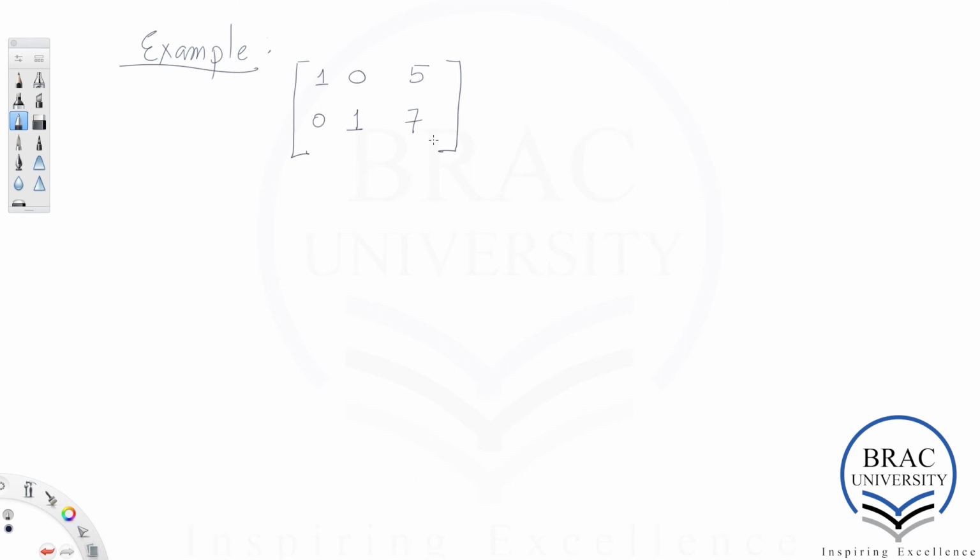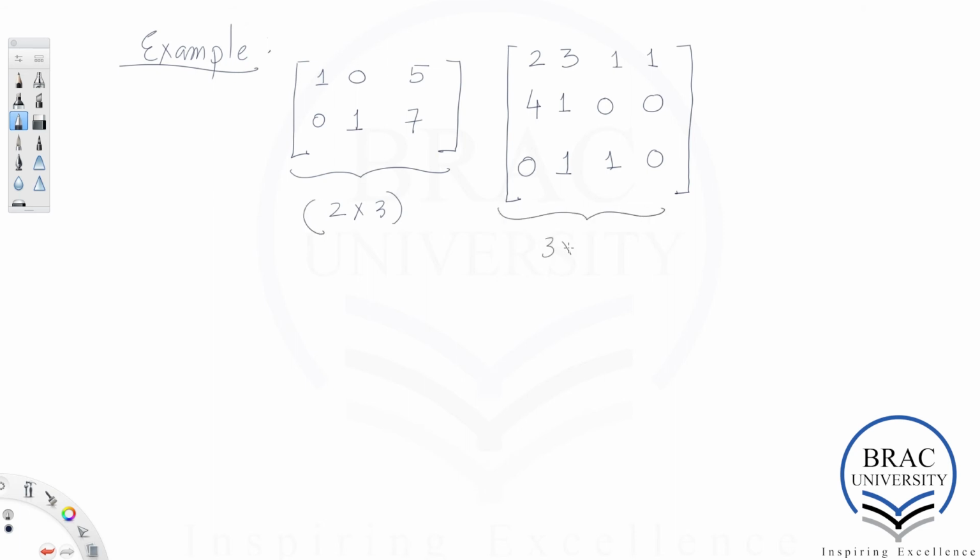This is the first matrix, and we have a second matrix: 2 3 1 1, 4 1 0 0, 0 1 1 0. This is a 3 times 4 matrix. So this is a 2 times 3 matrix, and this is a 3 times 4 matrix.